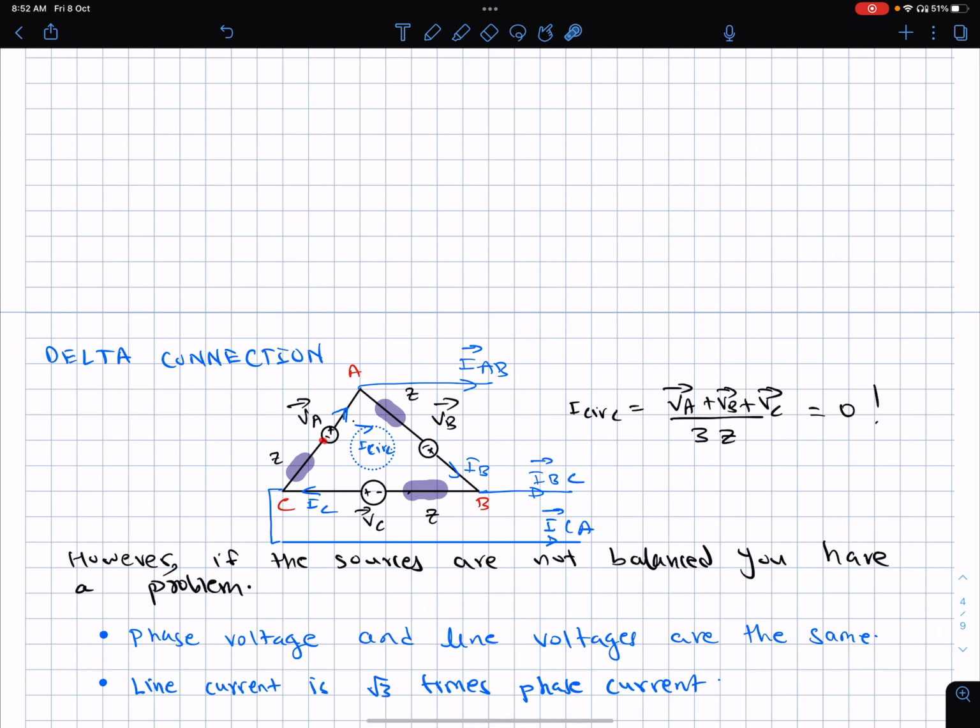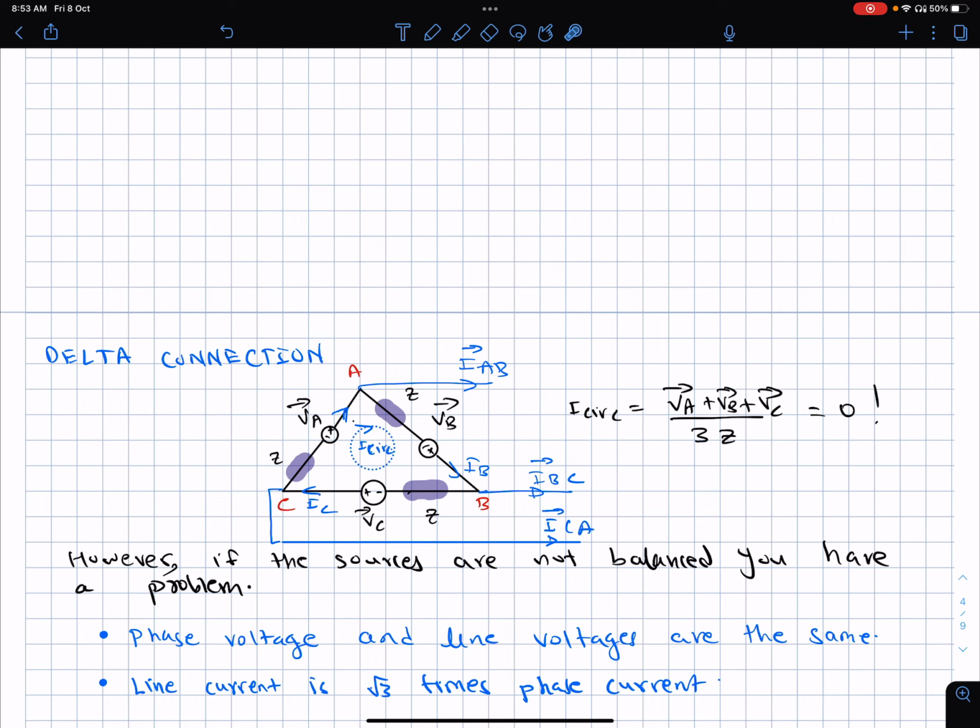Because a balanced set of three phase phasors will sum to 0. So VA plus VB plus VC is an equilateral triangle which sums to 0, and therefore there is no circulating current. So there is no harm in connecting windings of a generator either in star connection or in delta connection.